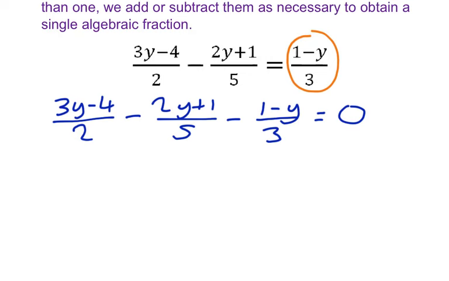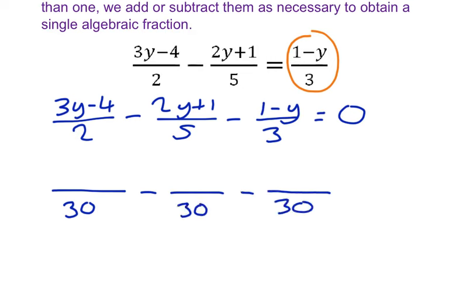Now we need to find a common denominator. The common denominator for 2, 5 and 3 is going to be 30. So we're going to be over 30 and over 30 equal to 0.